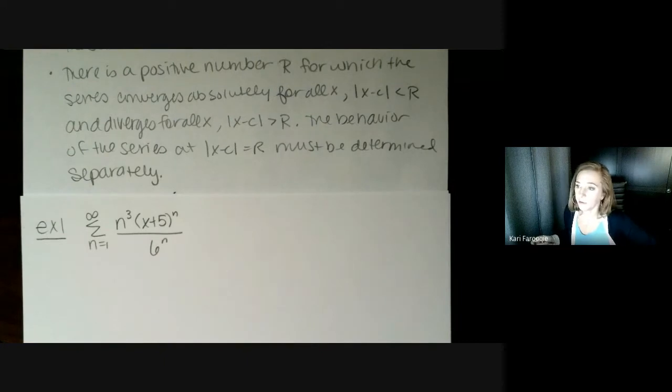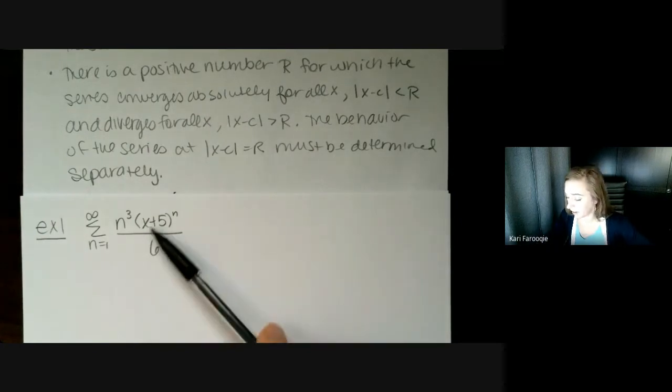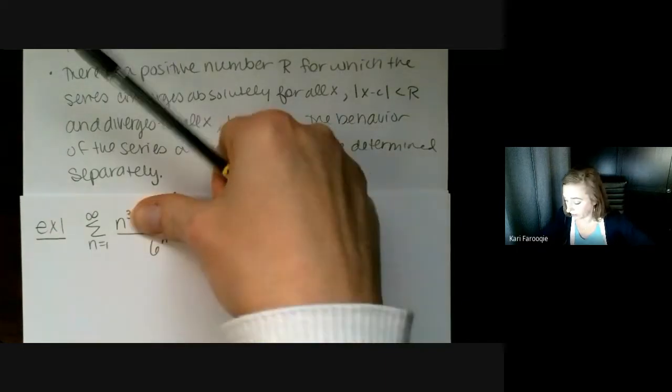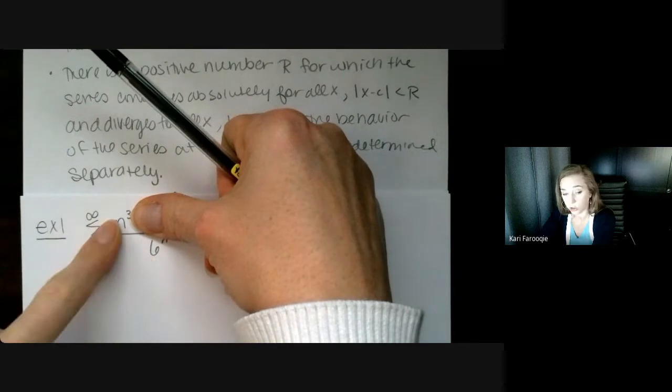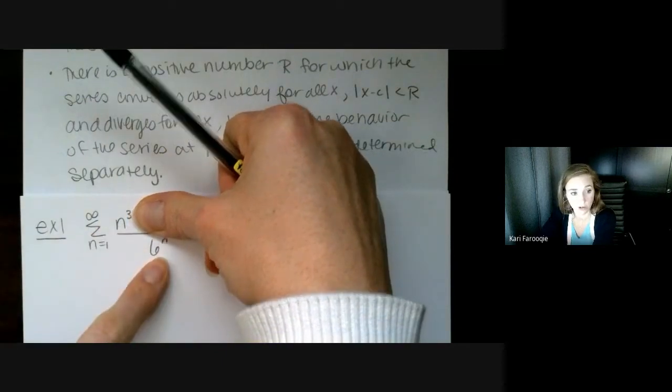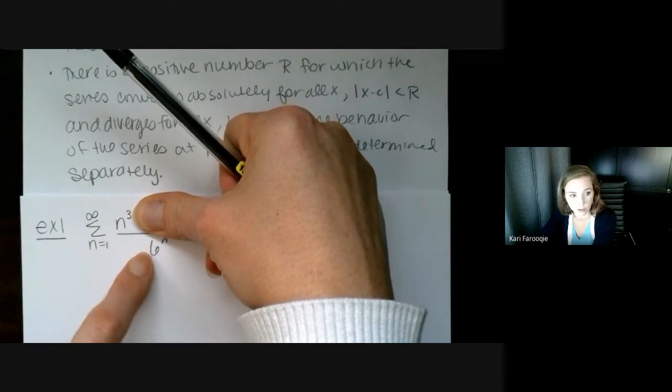All right, so what you're seeing here that's different than what you would normally see with a series, honestly, I think this is actually going to be easier to see at the end, but it's this x. So maybe not worrying about what's happening with this x, you might try to determine what was happening with this series, and you might even conclude that this series converged based on the fact that the denominator is growing pretty rapidly.